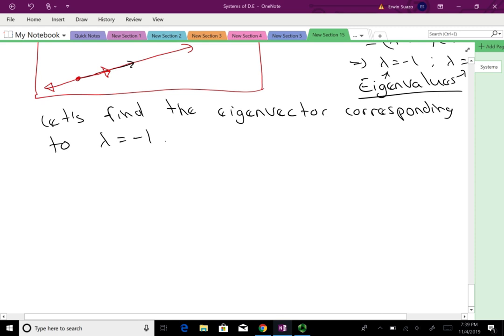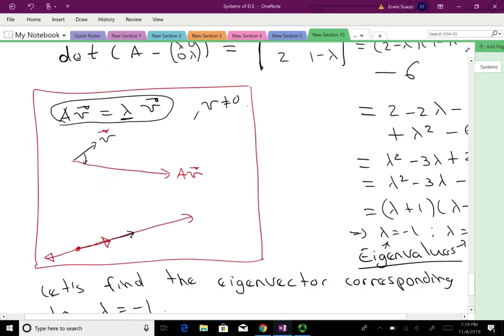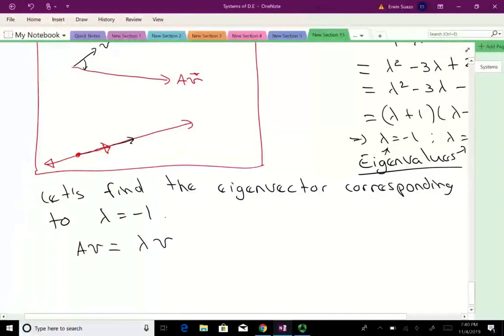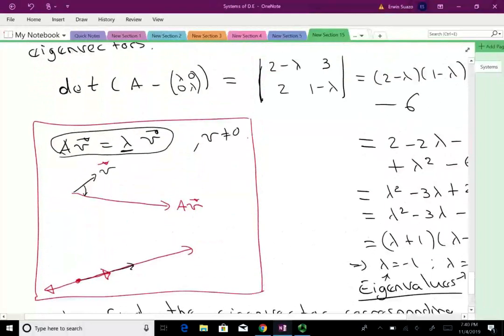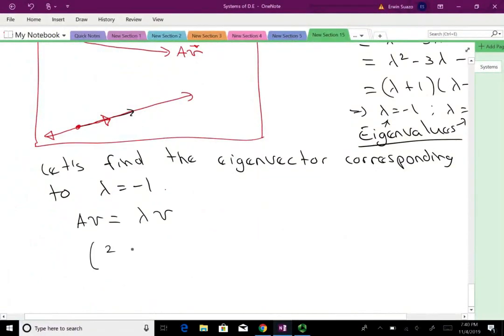remember, you need to solve the system AB equals lambda B. You know what A is: A is 2, 3, 2, 1, times B1, B2 equals lambda, that is minus 1, times B1, B2.